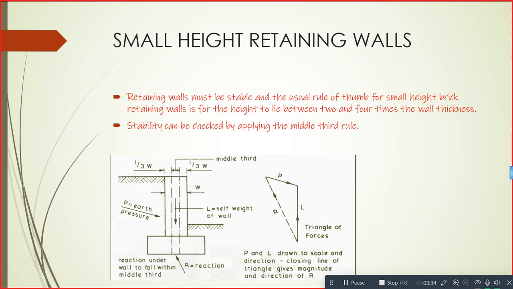It has a middle third, the active pressure acting on the retaining wall, which is equated as P. Then we have another reaction force R below the footing of the retaining wall. A reaction under the wall to fall within the middle third. Then we have a triangle of forces P and L drawn to scale and direction, closing line of triangle giving magnitude and direction of R.